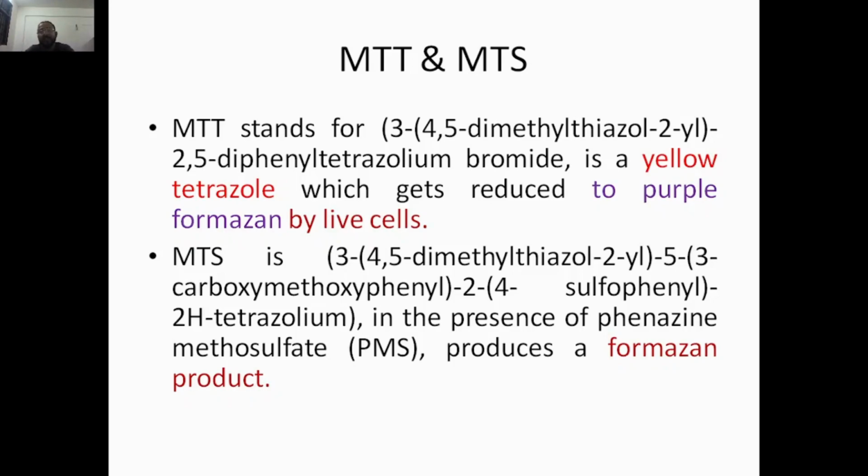MTS is again 3-(4,5-dimethylthiazol-2-yl)-5-(3-carboxymethoxyphenyl)-2-(4-sulfophenyl)-2H-tetrazolium. In the presence of phenazine methosulfate, PMS, which is one more compound you have to add, this will produce a formazan product. If living cells are there, it will produce the formazan product.